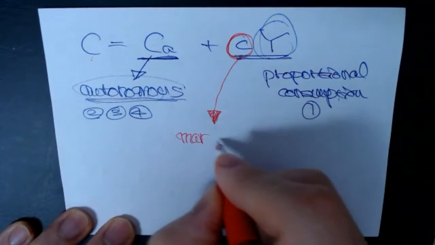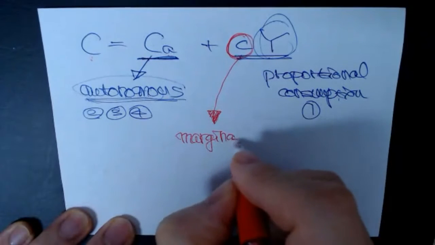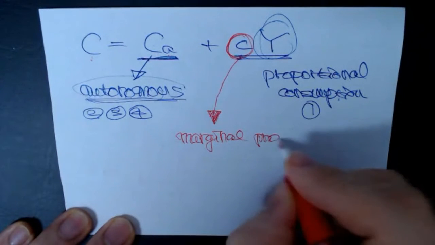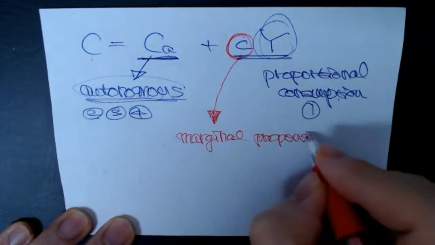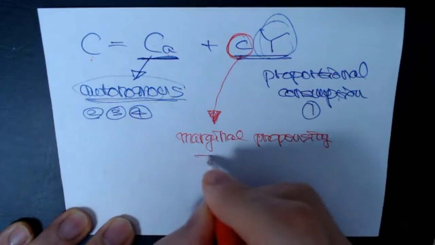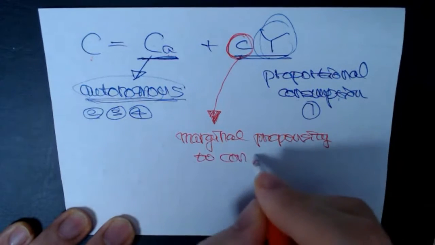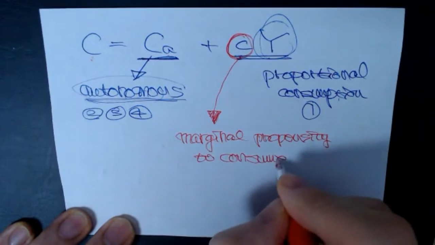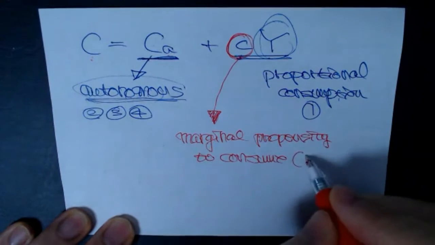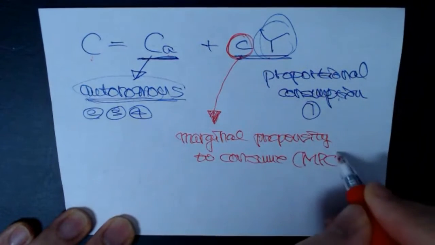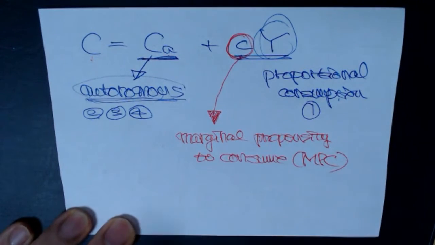Marginal propensity to consume. We're going to use the acronym MPC. Marginal propensity to consume.